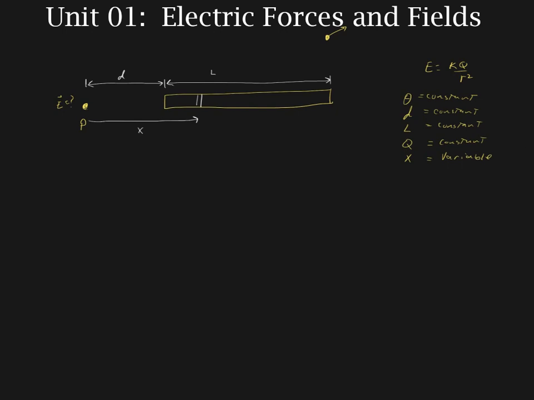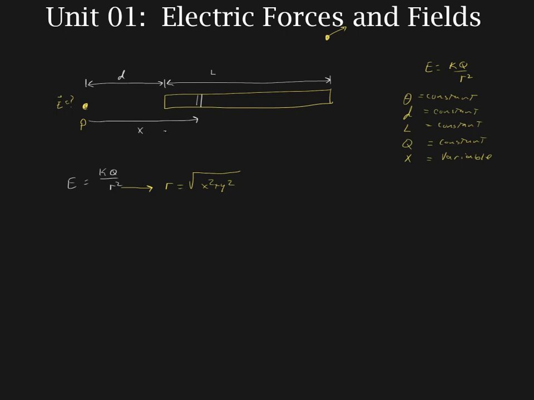All right, so let's write E is equal to KQ over R squared. And the first thing I want to mention is that R in this case is going to be equal to x. And the reason that R is equal to x is because R is equal to the square root of x squared plus y squared.